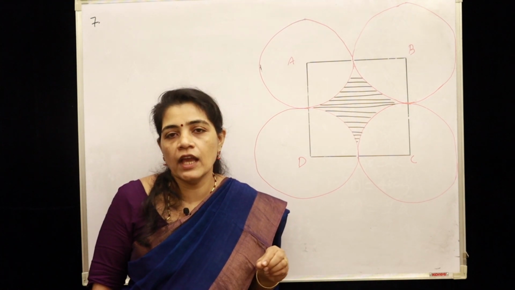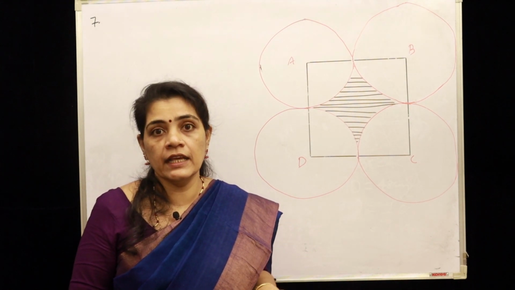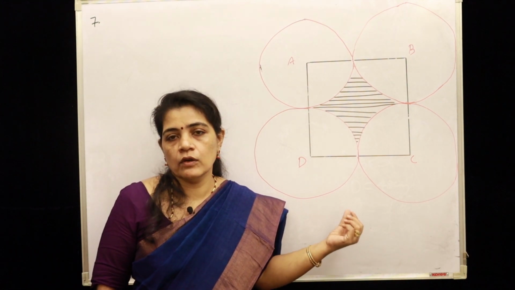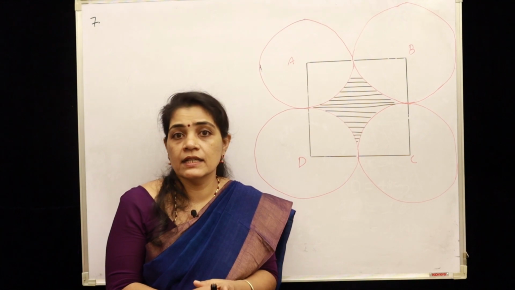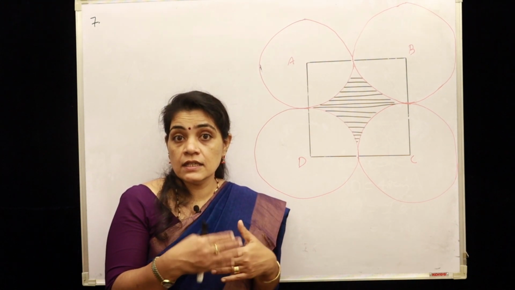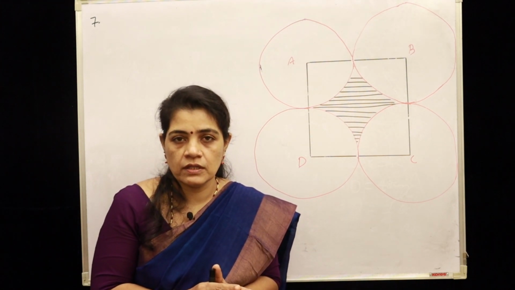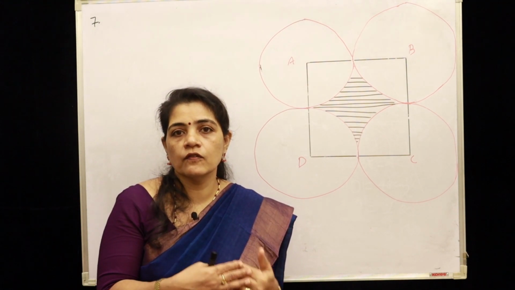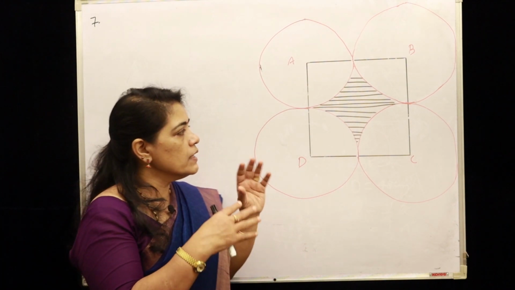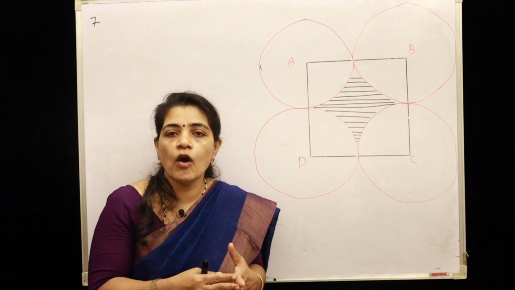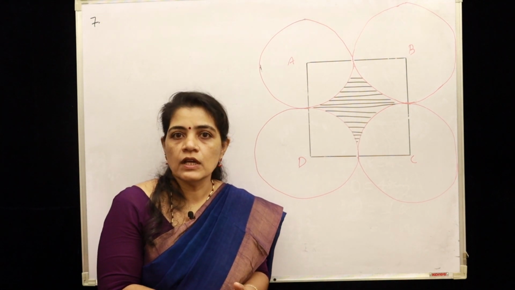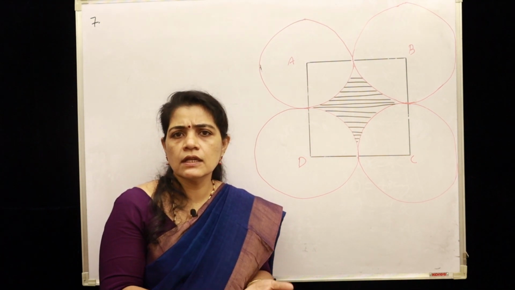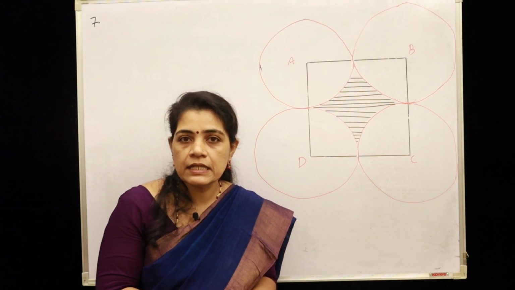Half of AB will be the radius of the circle or the quadrant. So that is very simple. That is the meaning of it: externally it touches the two circles of the remaining. So the radius will be half of each side, with respect to all the four circles. That is why I already told you it is a very simple problem.